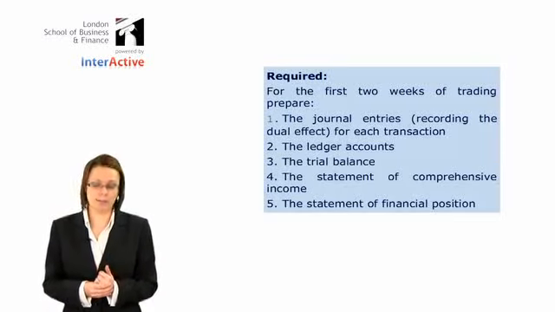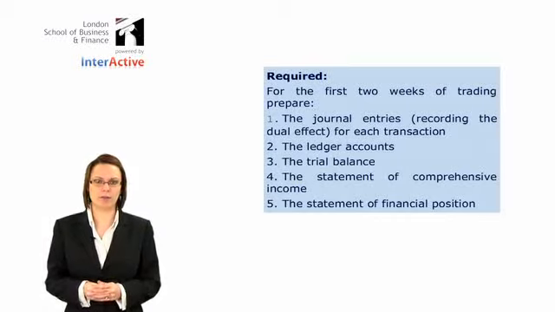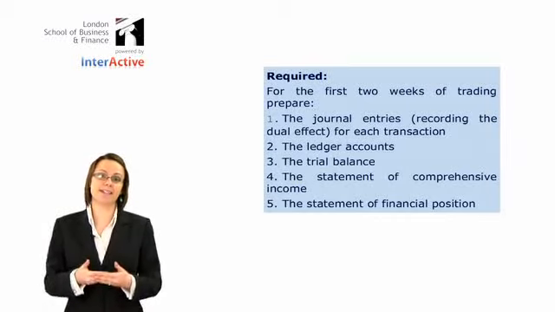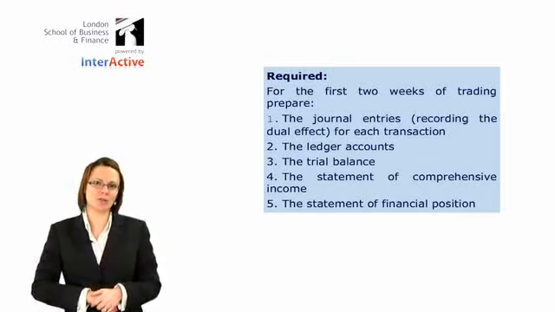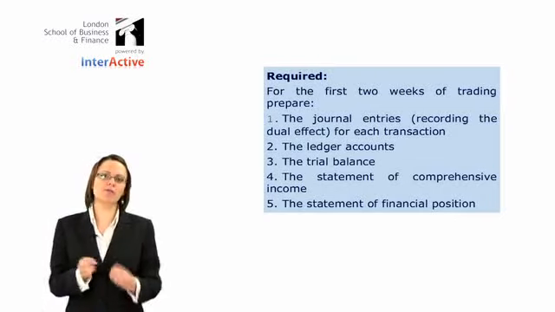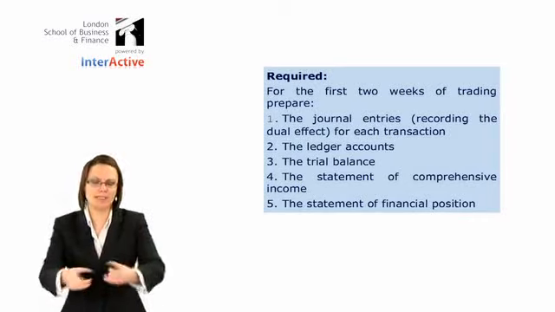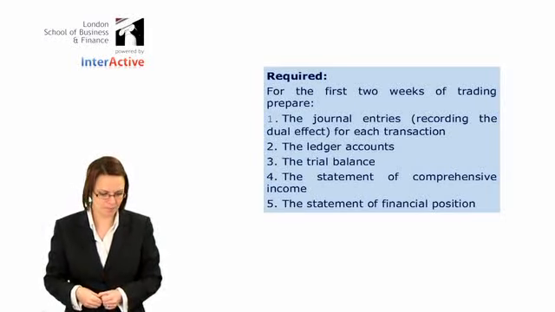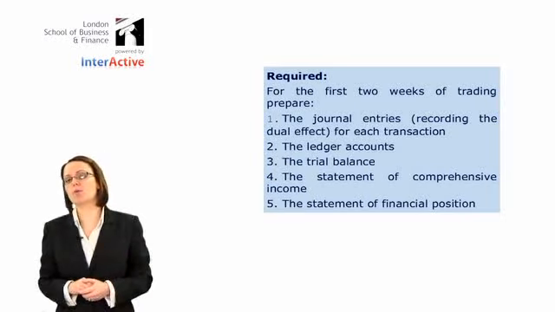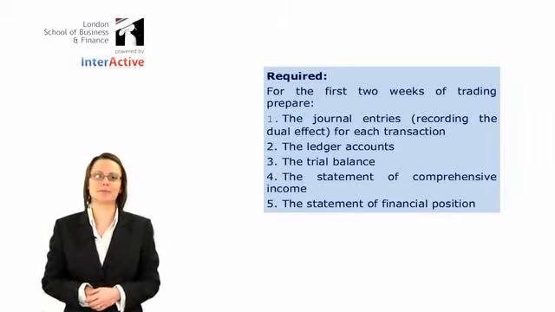Our second requirement is to prepare the ledger accounts. Remember in our previous session we saw the ledger accounts, or T accounts as I referred to them, and that's going to be where we record the journal entries, where we physically update the ledger accounts for that dual effect. Our third requirement will then be to prepare what is known as the trial balance.